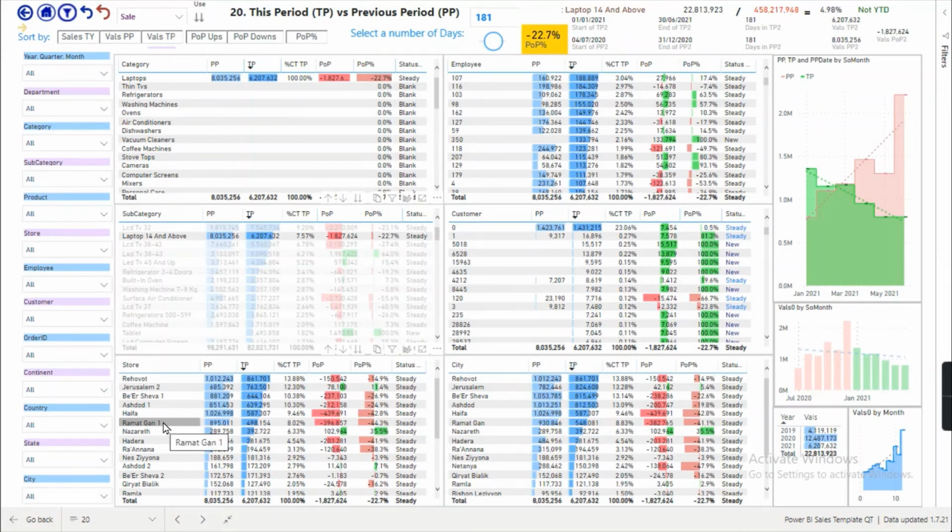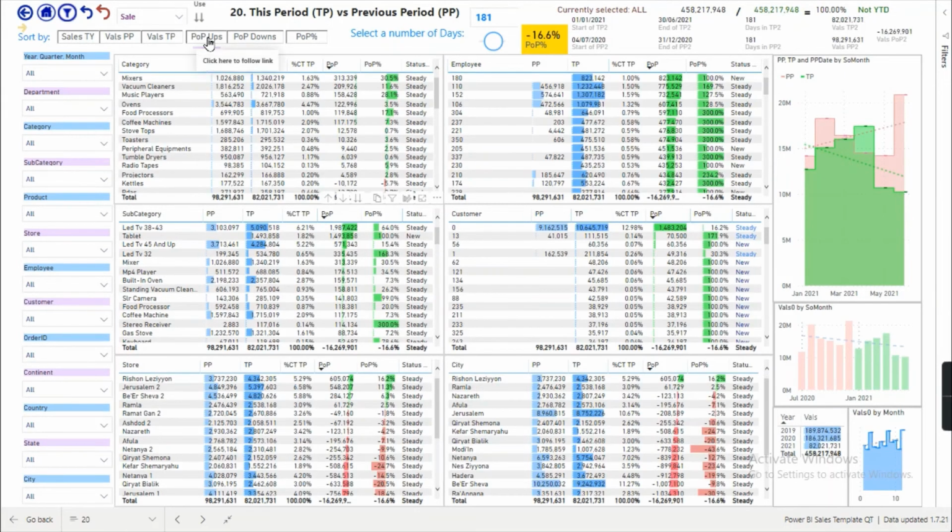Let's sort to see the best results, period over period ups. We want to see the best results first, and we see plus 60%, 11%, 6%.